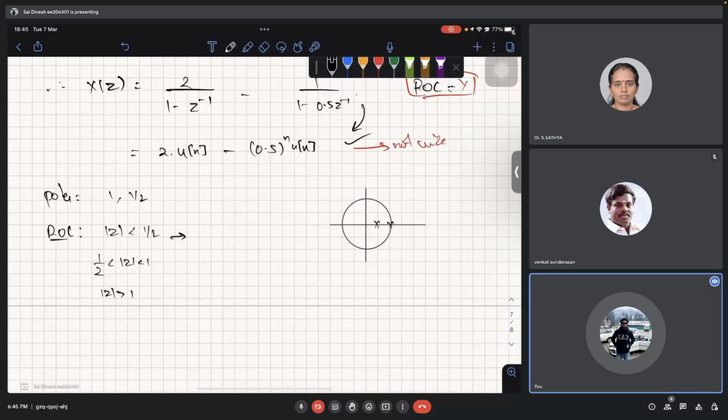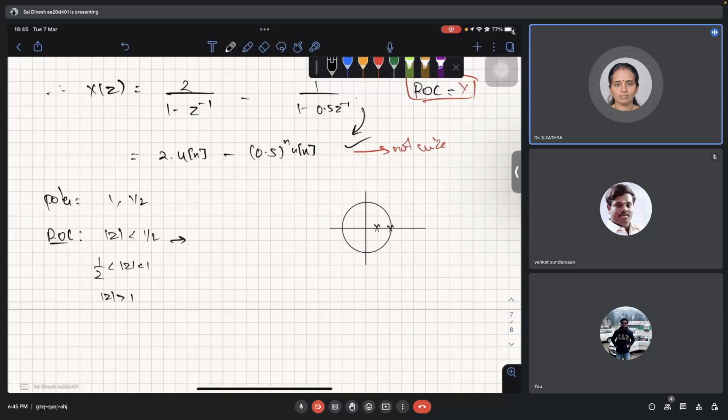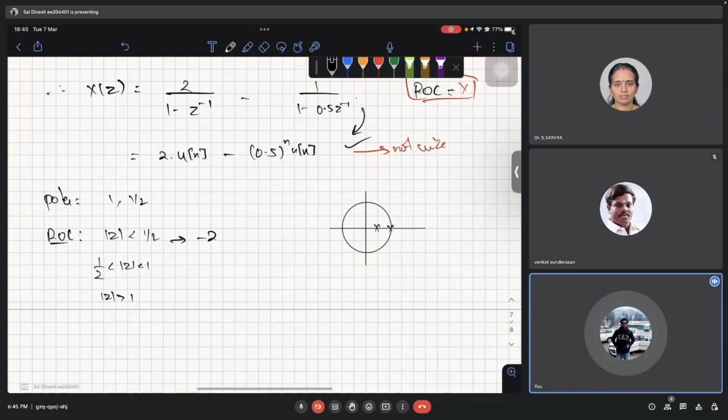So for mod z less than 1 by 2, let's say, we'll be having u of minus n. So minus 2 into u of minus n minus 1 minus 1 minus 0.5 power n u of minus n minus 1.